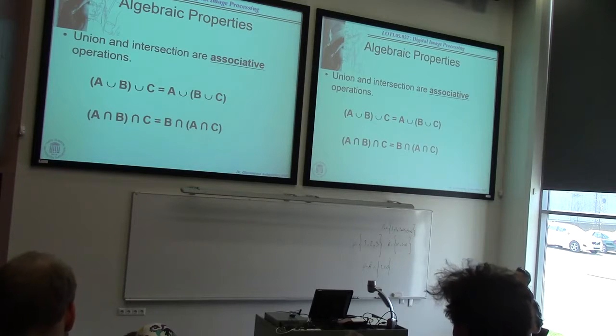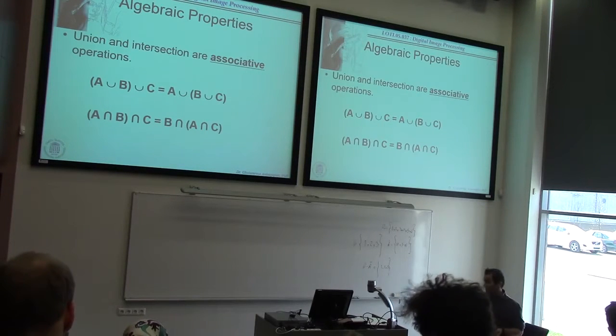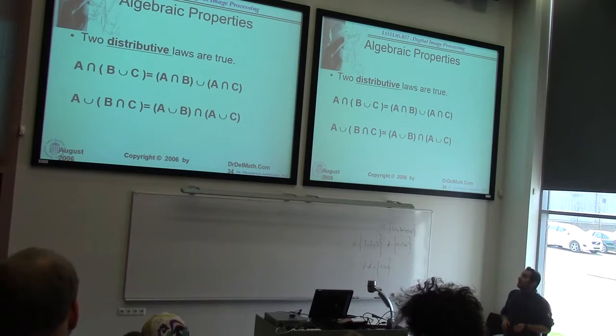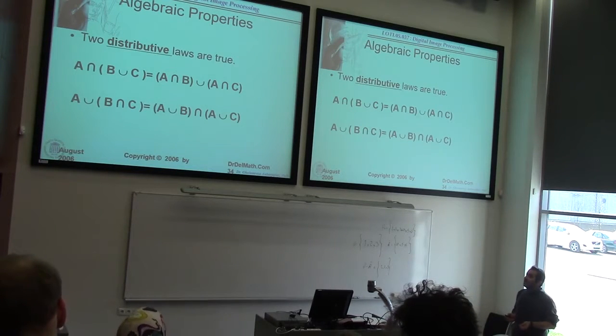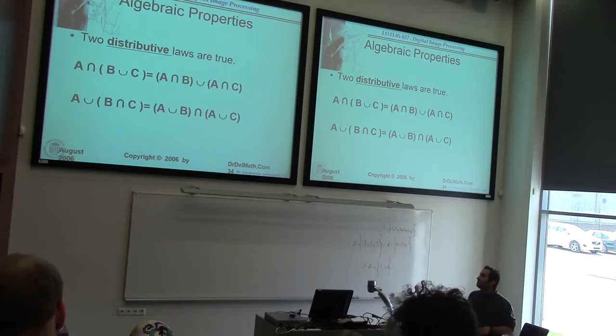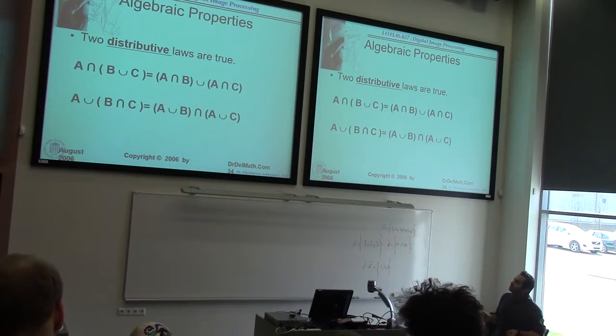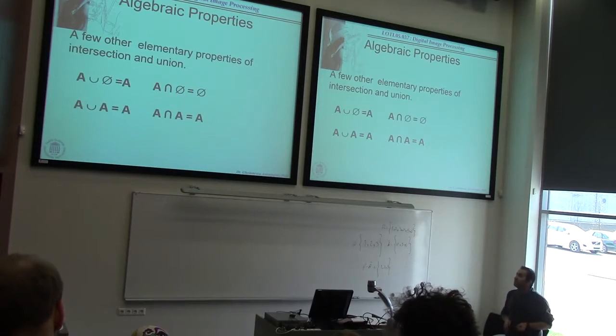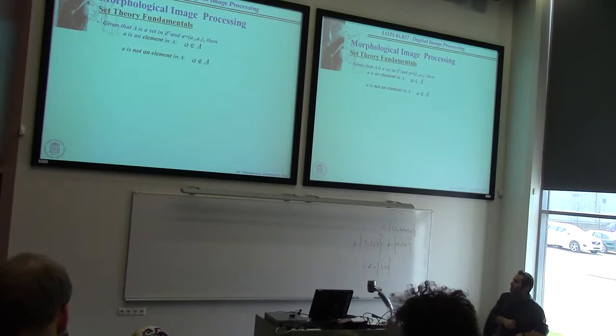We can see another example for intersection. The distributive laws are also true for sets. We can write it in this form for the intersection and for the union.